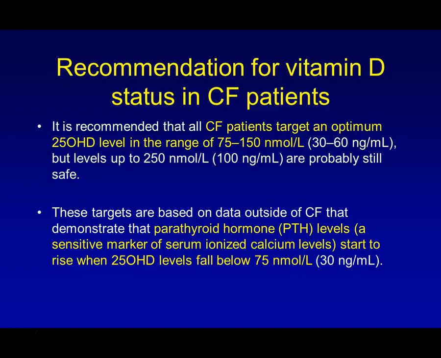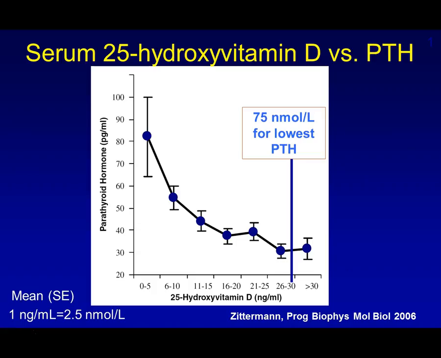These targets are based on the data outside of CF that demonstrated that PTH levels, which is a sensitive marker of serum ionized calcium levels, start to rise at low 25-hydroxyvitamin D levels, and those levels are below 75 nanomoles per liter. This graph shows the relationship between 25-hydroxyvitamin D and PTH.